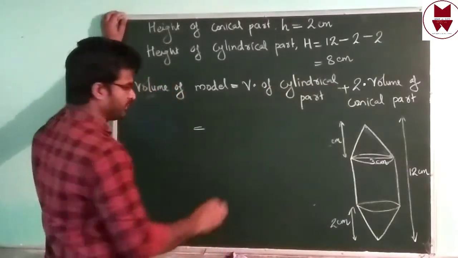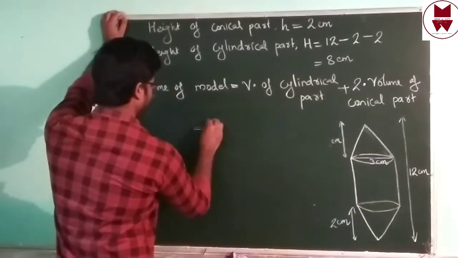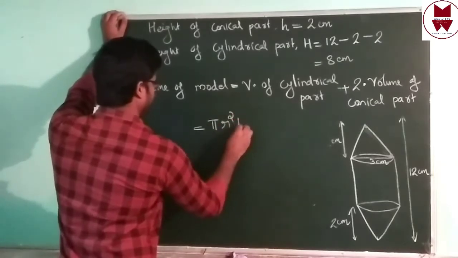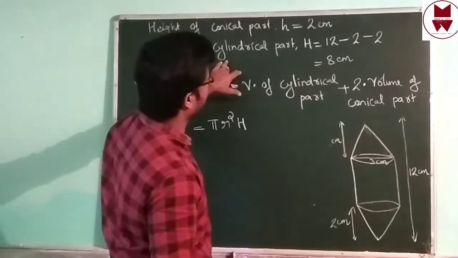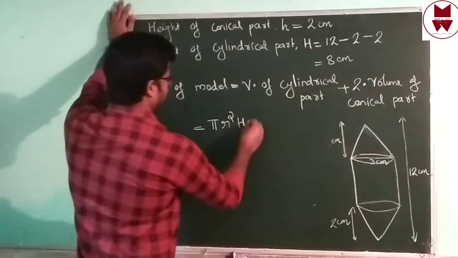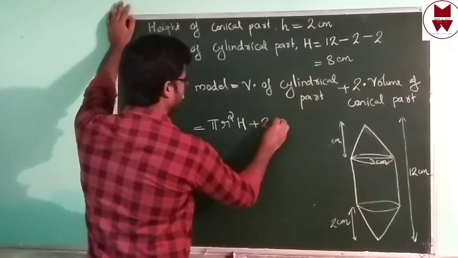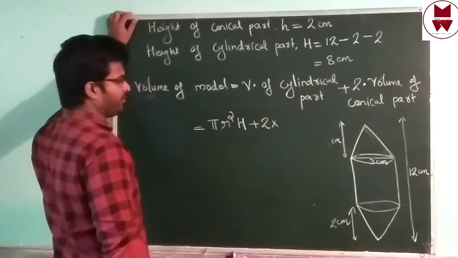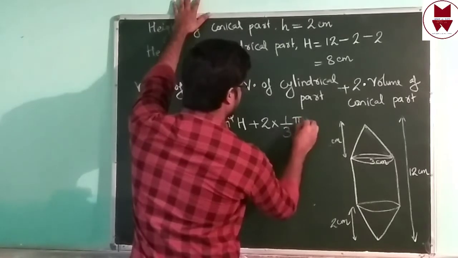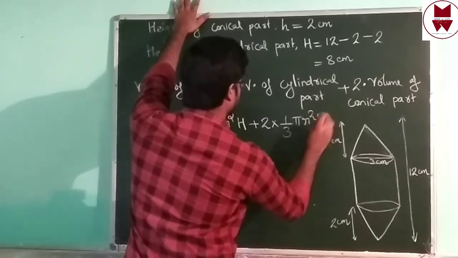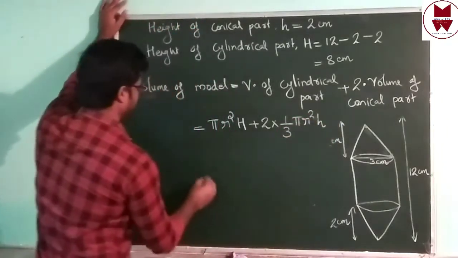Volume of cylinder, which formula? That is pi r square capital letter H. Use capital letter H because height of cylinder I took capital letter H, plus 2 into volume of conical part. Cone, that is 1 by 3 pi r square h.